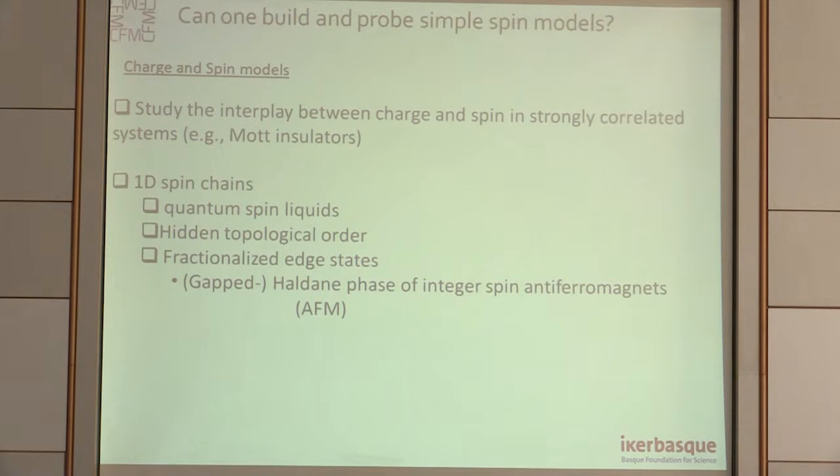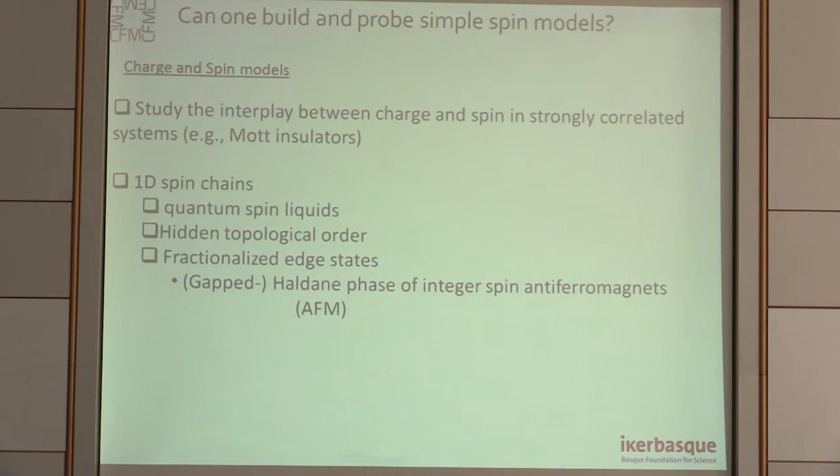Charge and spin models are particularly important to study the interplay between magnetism and charge in condensed matter physics, since they allow us to simplify these extremely complex problems, especially when strong correlations appear.